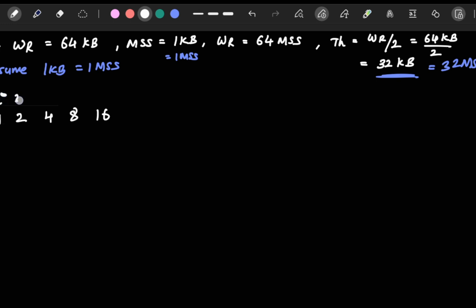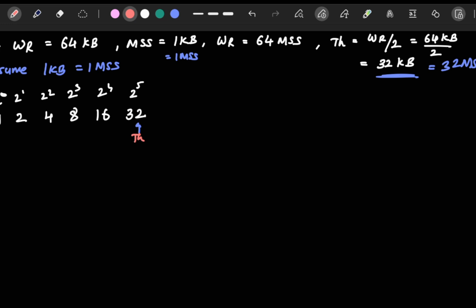You can see 2 raised to the 0, 2 raised to the 1, 2 raised to the 2, 2 raised to the 3, 2 raised to the 4, and after that 2 raised to the power 5, which is 32. Now at 32 we have hit the threshold. We can see we have reached the threshold, right?